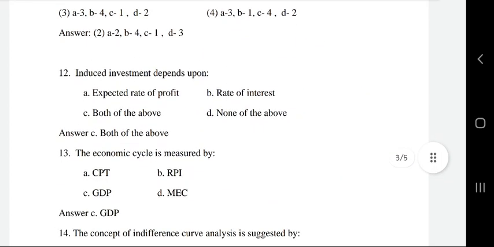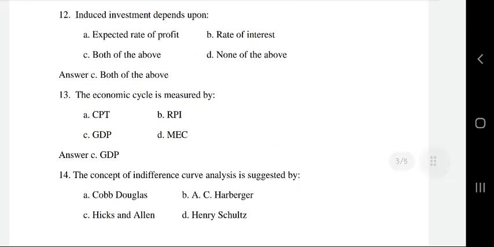Then next question, induced investment depends on options: expected rate of profit, rate of interest, both of the above, none of the above.